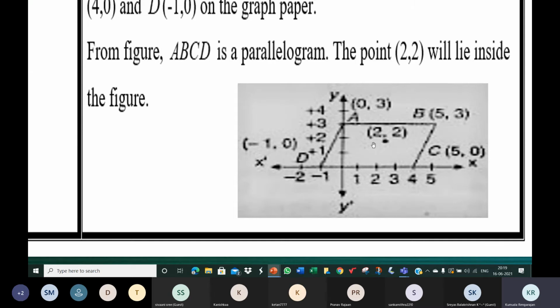Let's not make it very complicated. Is AB parallel to the x-axis is the question. Not because it looks parallel. You can say that the distance between this line and the x-axis is 3 units here, and here also it is 3 units. The height is 3 units.